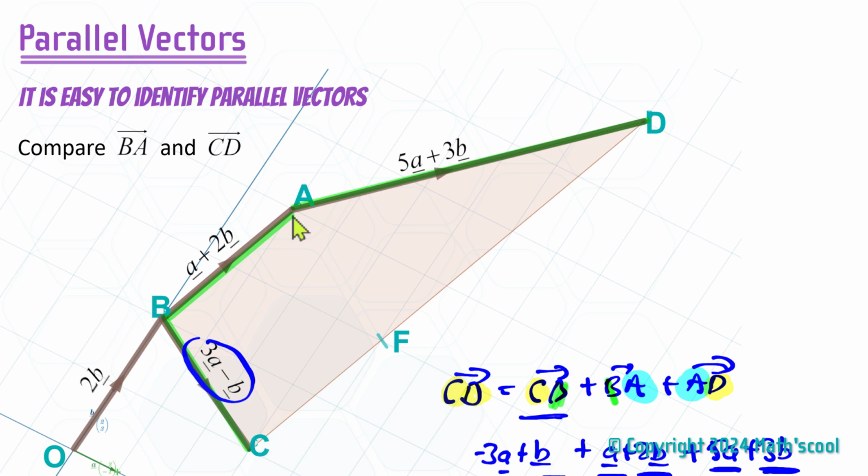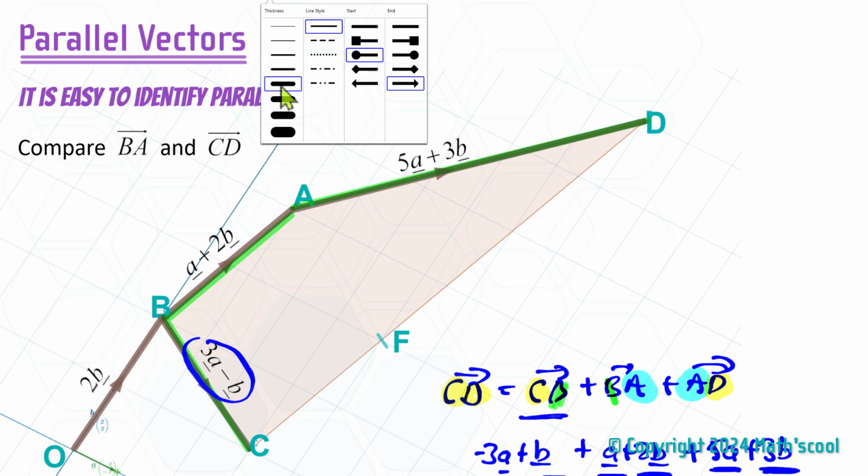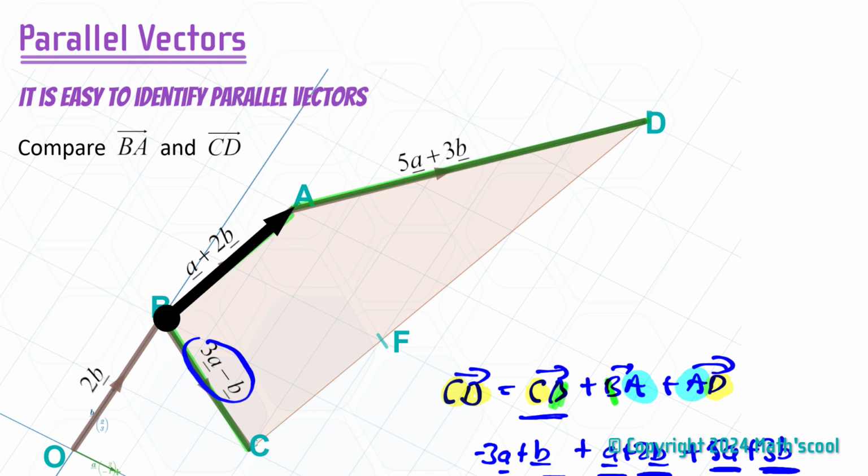So if you see this arrow here, let's try and draw it with a big thick arrow. If you see that arrow there and you clone it, you should find it's parallel to this one here, which it is.